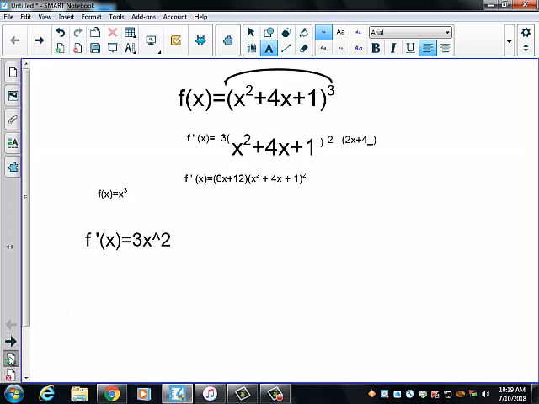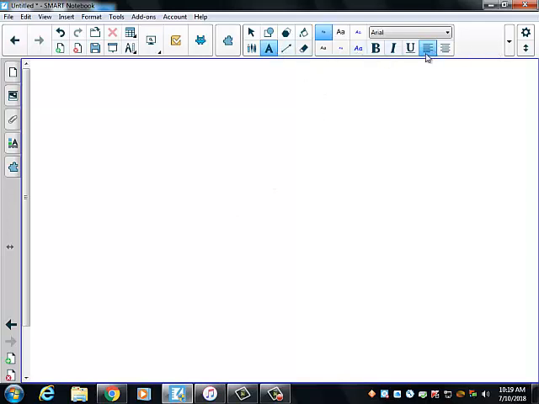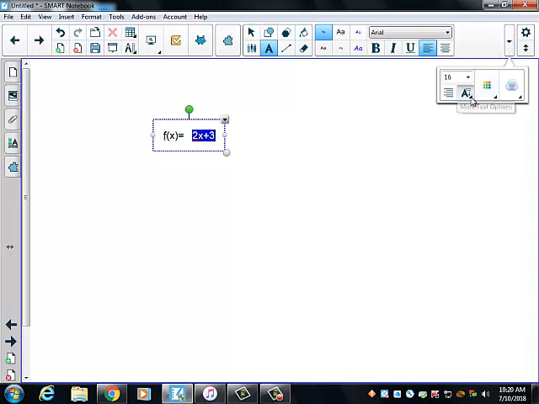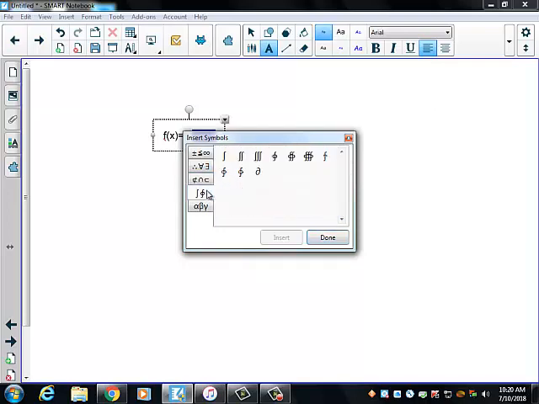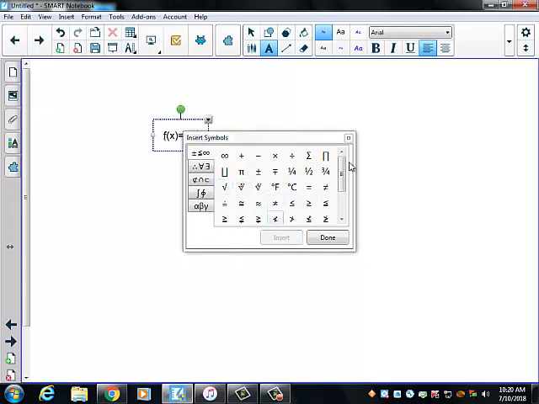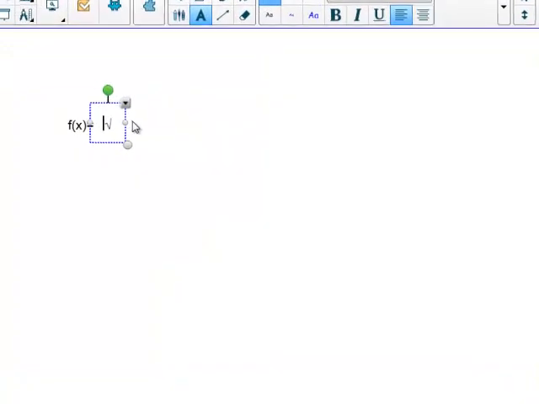All right. Now, we're going to try this next one, which will be f of x equals the square root of 2x plus 3.